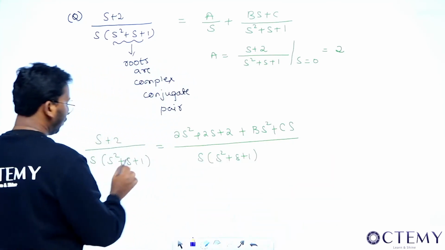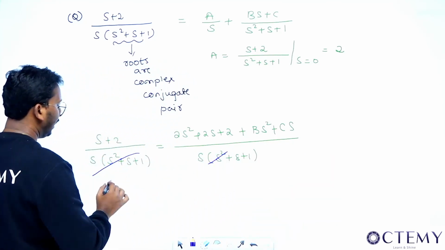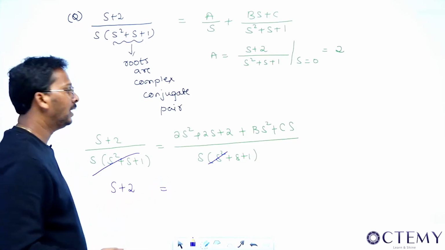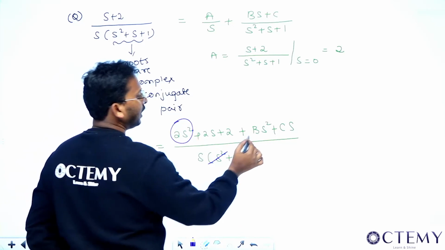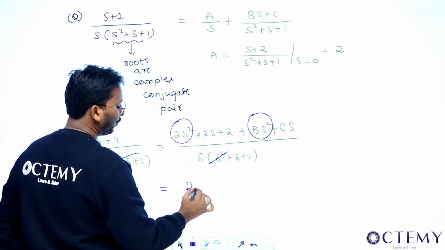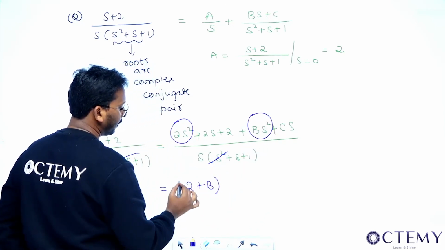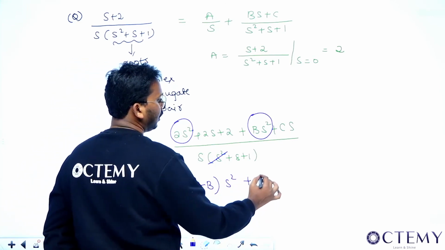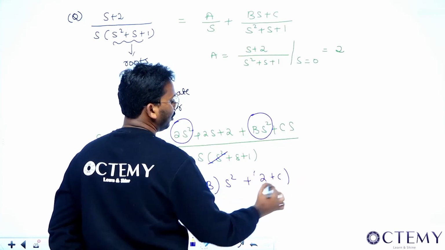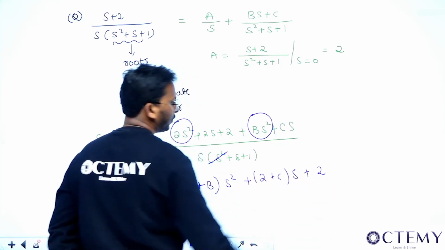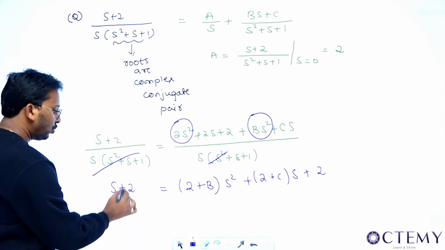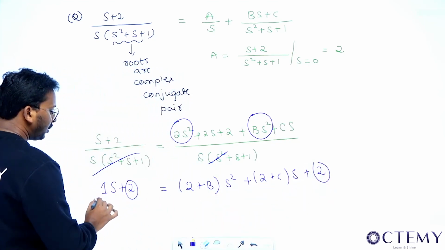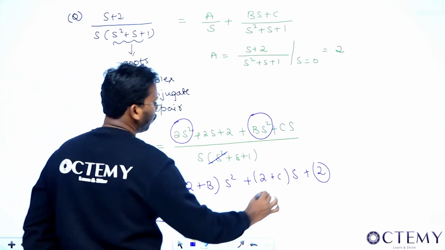Now this denominator gets cancelled, and here there is only s plus 2, whereas here what will you get? The s square term is 2 plus b into s square. And the s term is 2 plus c into s, plus 2. So equate: this 2 matches this 2, and this coefficient of s you have to equate with the coefficient of s.